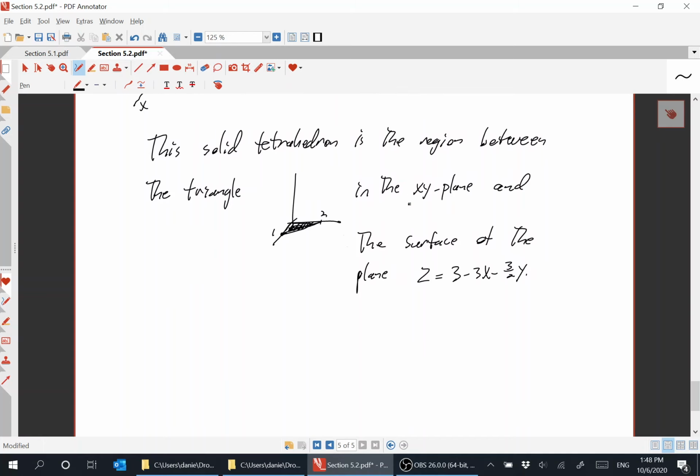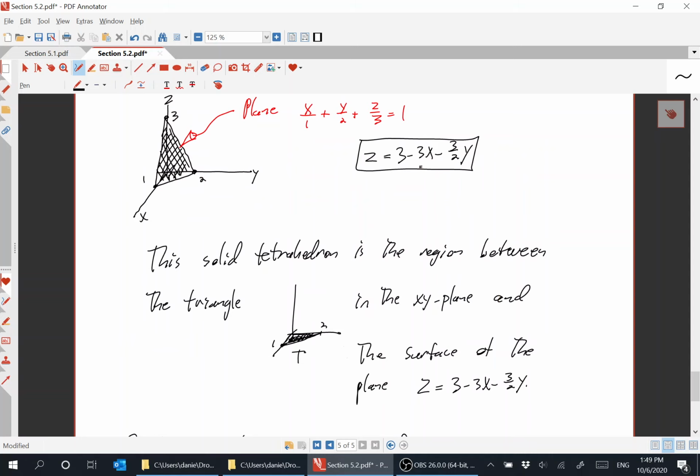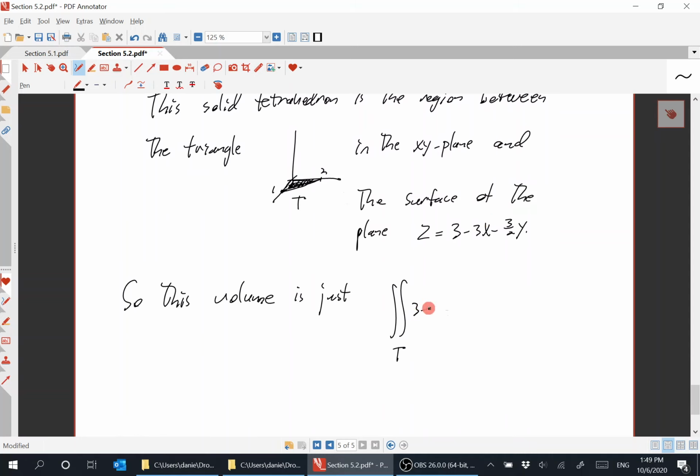So it's the double integral over this triangle, which we'll call T. If you just want the volume of a solid, it's the double integral over T of 3 minus 3x minus 3 halves y dA.